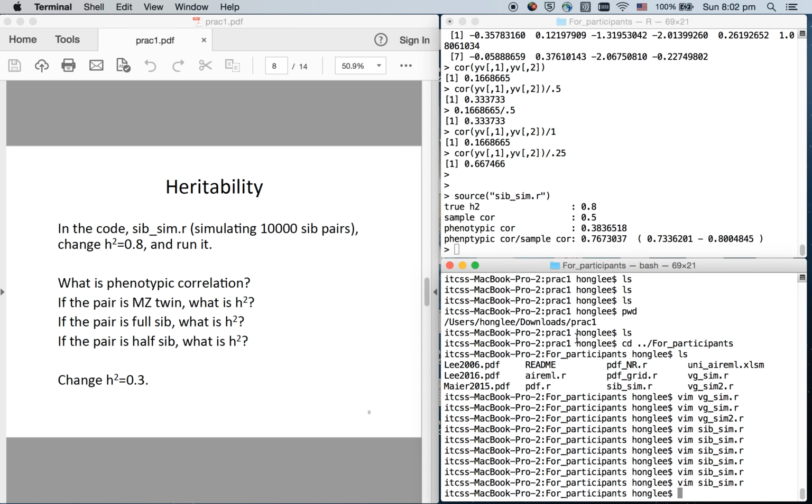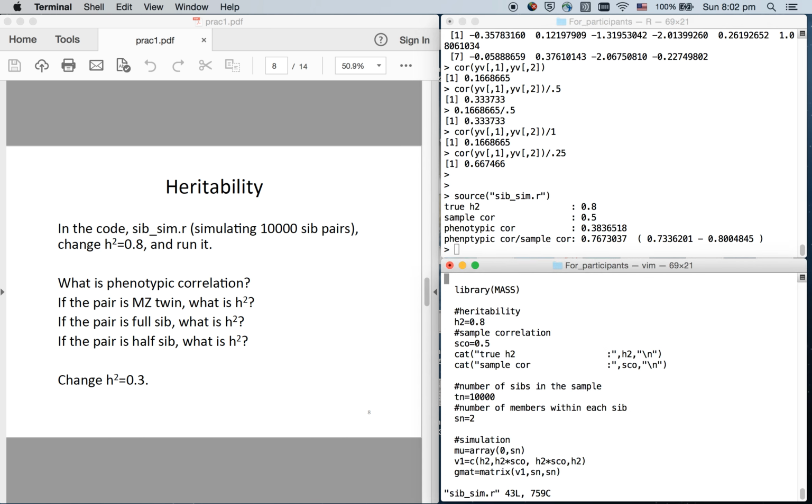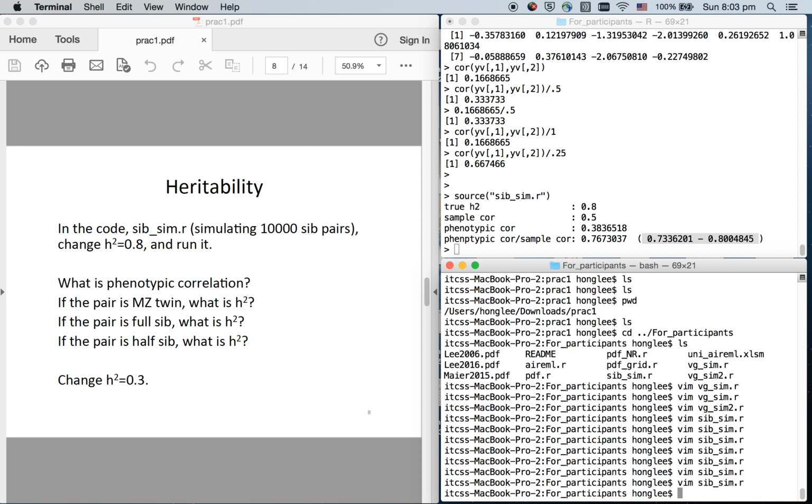If you can increase the number of records, the number of sibs, then probably this confidence interval is reduced and you get more accurate estimations. Maybe we can try, or you can try by yourself. As before, you can also work out what happens using an MZ or full sib design, which is what you did here.